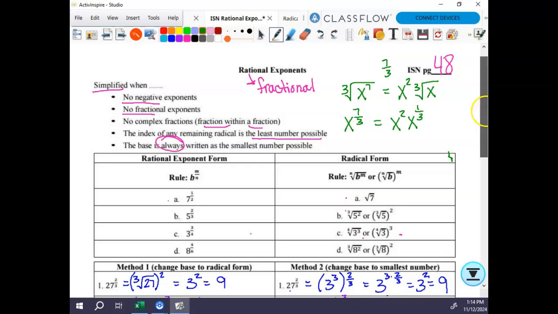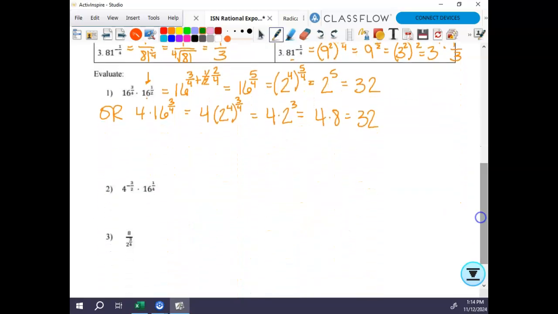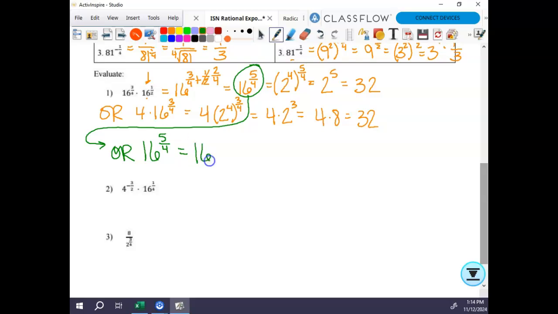Okay, so thinking that way, we go back down here, and let's start right here. When I get 16 to the 5/4, like when I get to that part right there, I can simplify this before I do anything else there. So 4 goes into 5 once, so that means 16 to the first comes out.